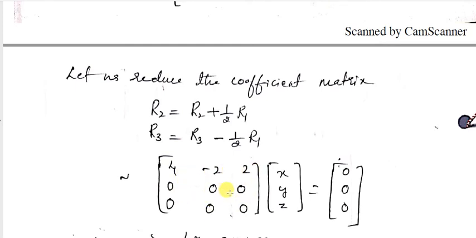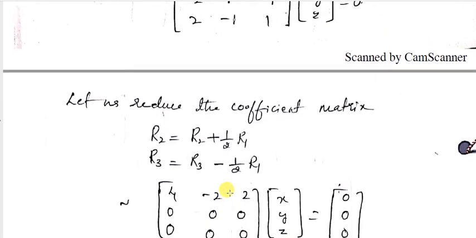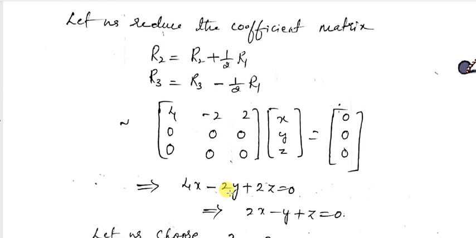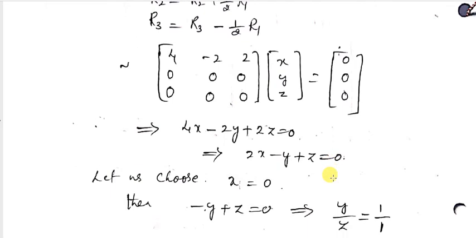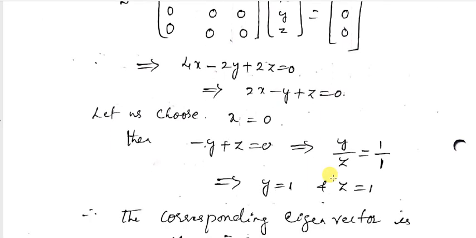Automatically two rows become 0, so it will be easy to find the unknowns. Only one row is nonzero, hence I'll get only one equation: 2x minus y plus z is equal to 0. I can choose x to be an arbitrary constant, say k1, and I can also choose one more unknown to be an arbitrary constant.